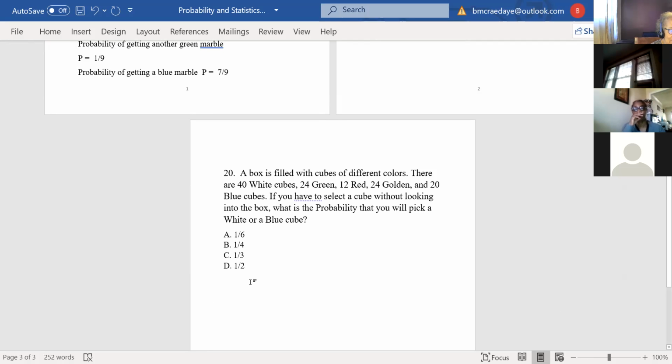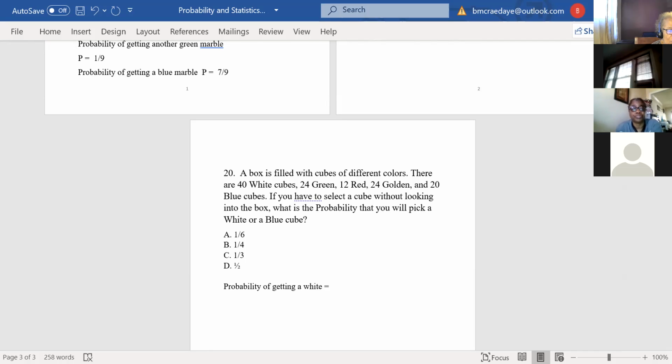So what's the probability of getting a white? So we'll just take the first one. Probability of getting a white. It's 120 total, Vanessa.